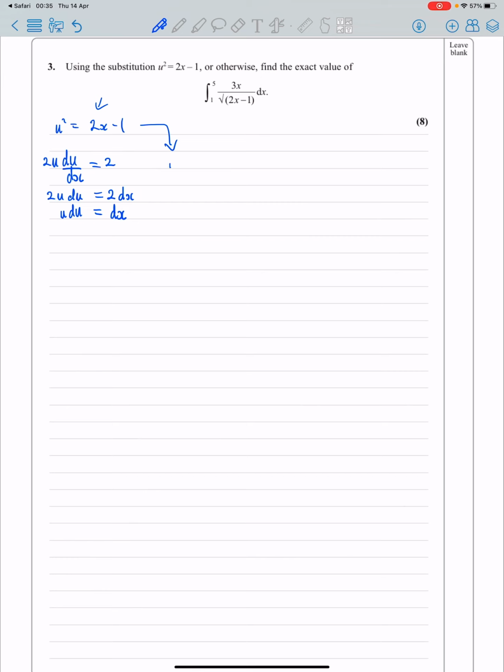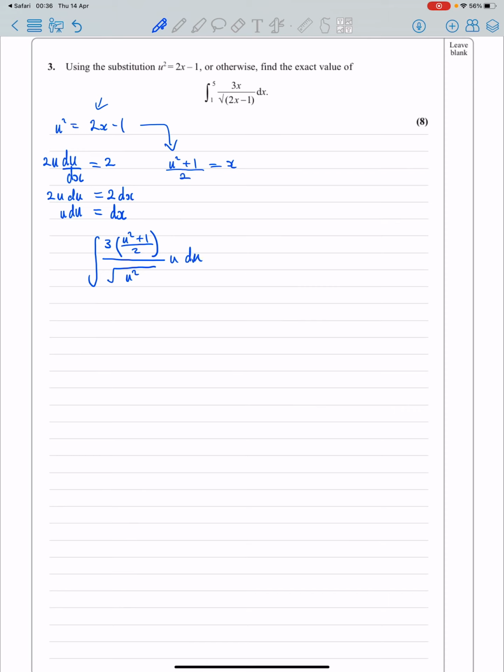That means that u squared plus 1, all divided by 2, is going to equal x. Now we can go ahead and make a few changes. So this becomes the integral of 3 lots of x, but x was equal to u squared plus 1 all over 2. And then that's all divided by the square root of, well, 2x minus 1 was equal to u squared. And dx was equal to u du, so times by u du.